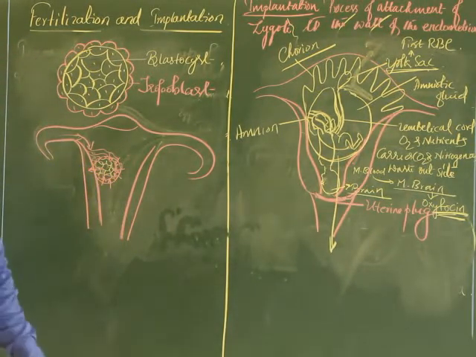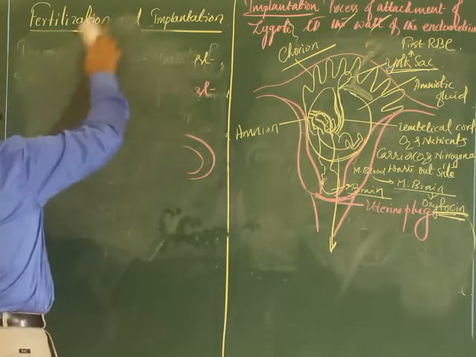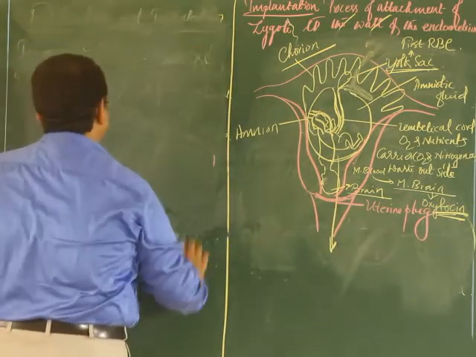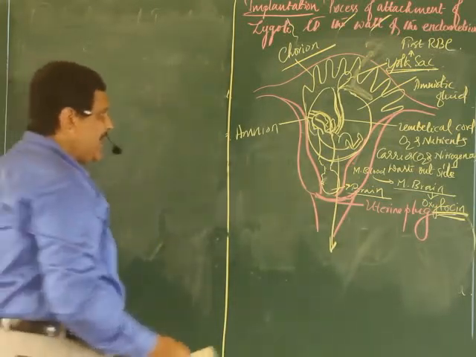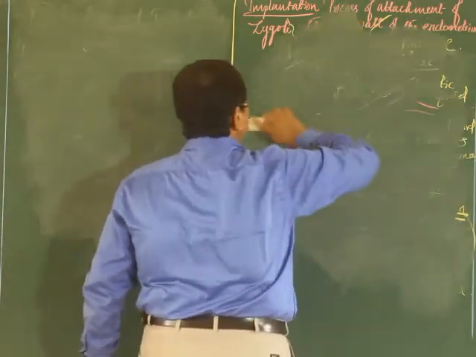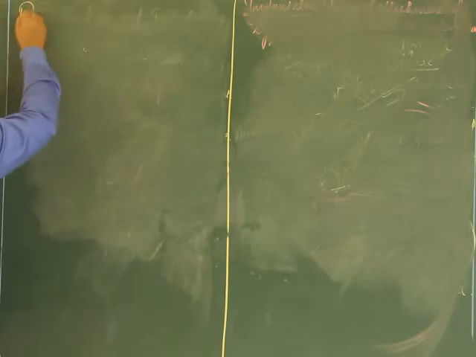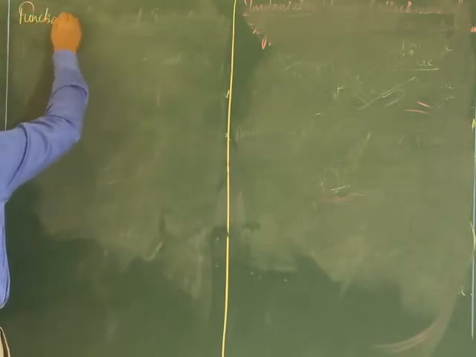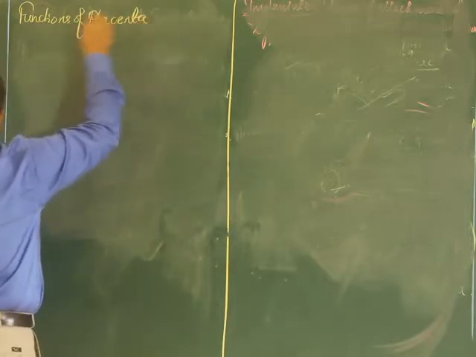Now, if you observe the board papers, you can get a question: write the functions of placenta. It can be asked for 5 marks. If that is the question, then your answer must be like this. Let us see the important functions of placenta.